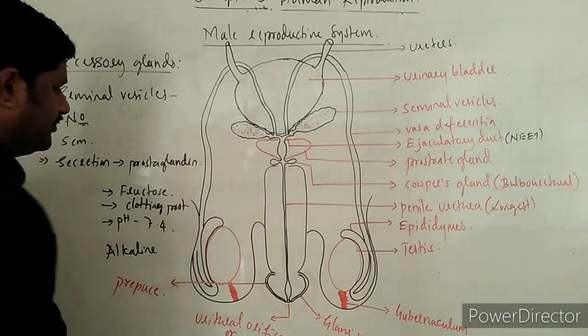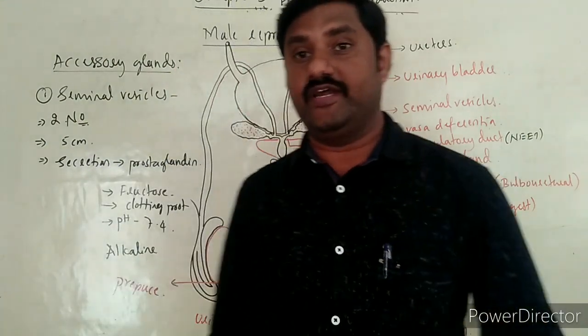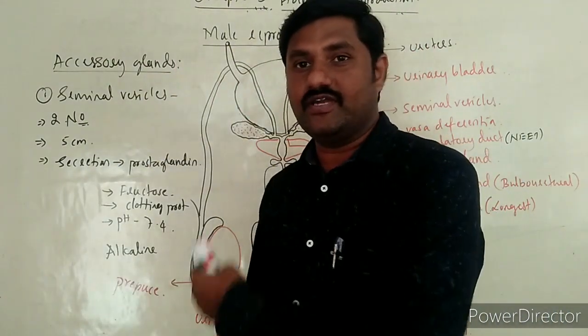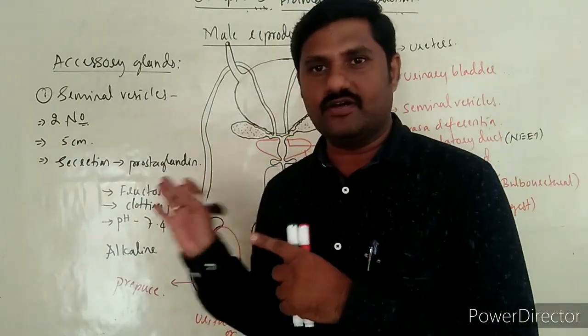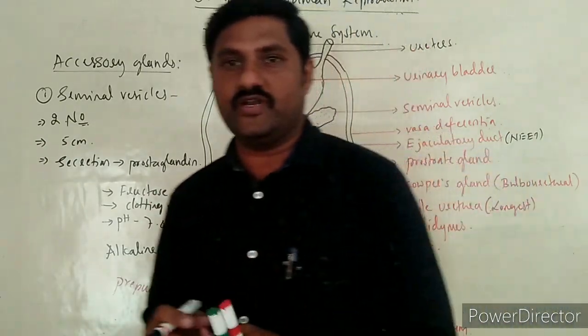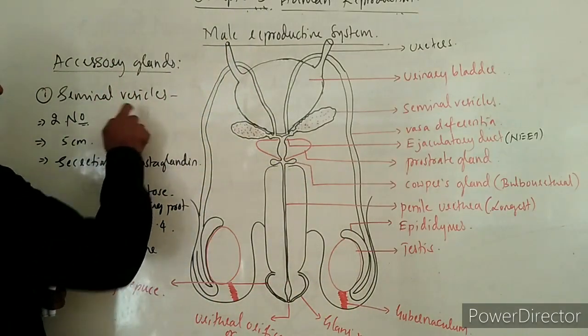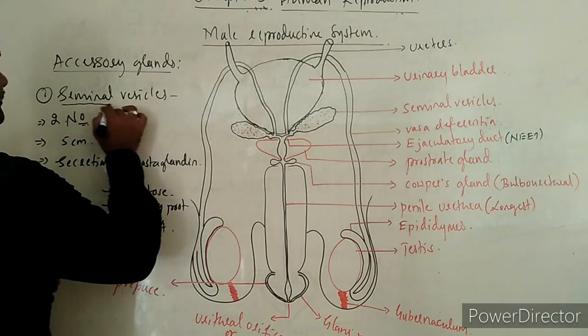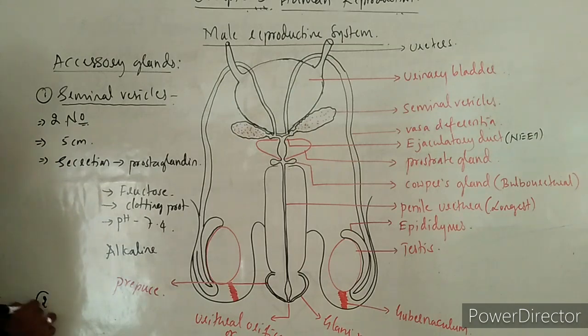It also produces clotting factors, which are usually present in the blood, but these clotting factors are somewhat different from those, so they are not confined to that. So remember, all these are the major secretions of the seminal vesicles, right? So this is one thing. And the second accessory gland is the prostate gland.